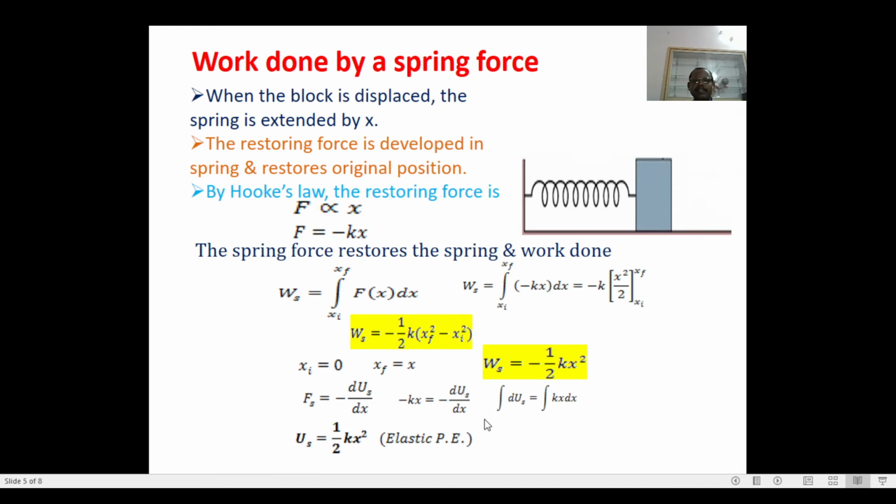Now cross multiply: dUs is equal to minus kx into minus dx, which is equal to kx dx. Therefore integral of dUs is equal to integral of kx dx. Now k is a constant, and integral of x is x square by 2. Therefore spring potential energy is equal to half k x square. This is the expression for elastic potential energy.